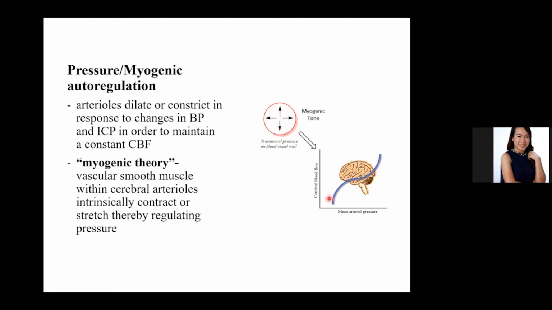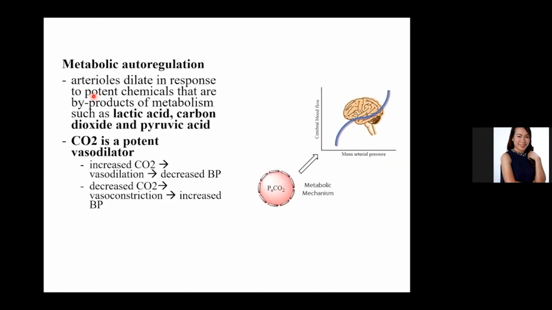If there is already an increase in intracranial pressure, we do not want to increase the blood volume going to the brain, because that will increase again the intracranial pressure. So that is how we autoregulate cerebral blood flow using pressure, or the myogenic autoregulation.